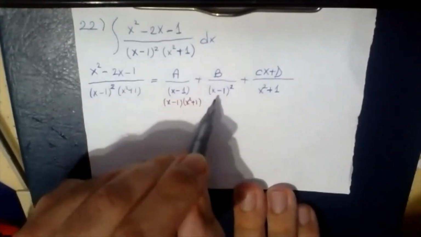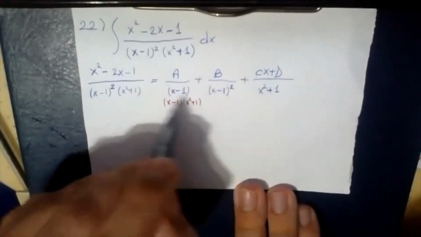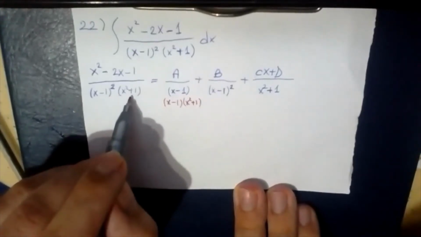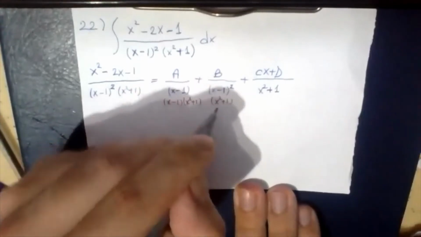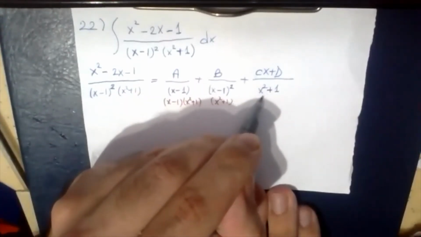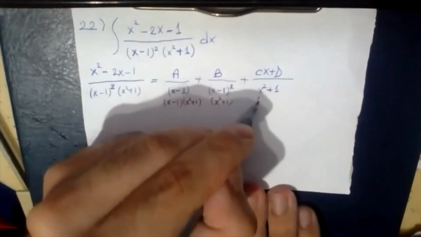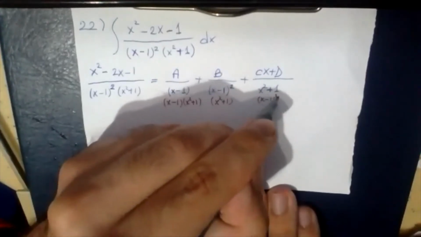Similarly, for the second term, we already have (x minus 1) squared. What is missing here? x square plus 1. And here, x square plus 1 is okay, but (x minus 1) squared is missing.